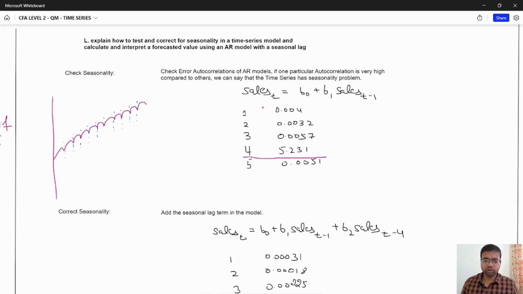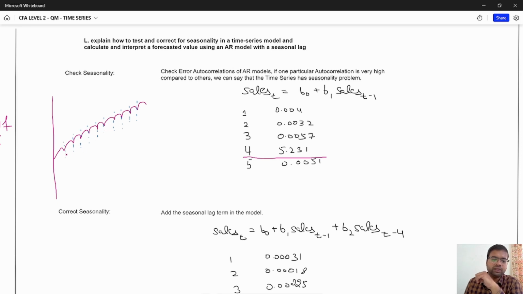Suppose we are regressing the sales of a particular company with time, and the graph looks like this. From the graph, it is very clear that at a particular time the sales dip and then recover immediately. This pattern is repeating.